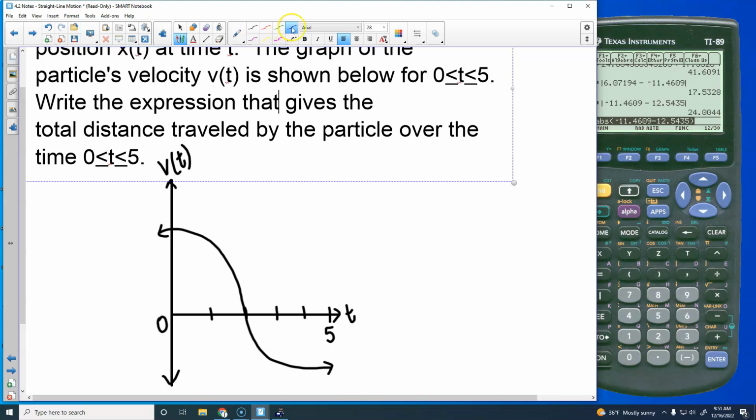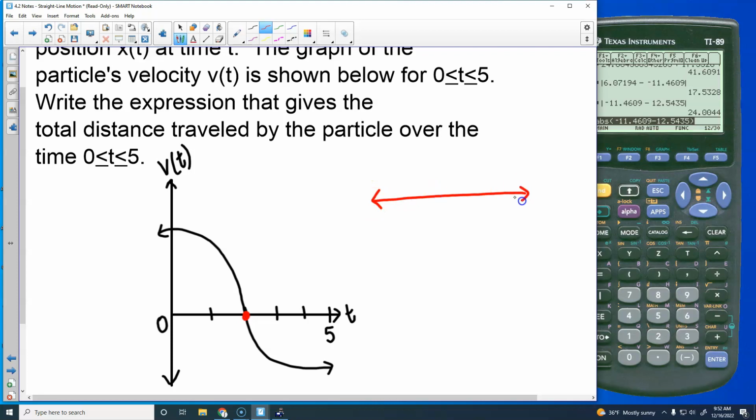So what do we see happening right here with our velocity at 2? It hits 0, and it is switching from positive to negative. So if our v of t at 2 is going from positive to negative, that means that our x of t is going from increasing, which would be going to the right, and then decreasing, which would be left in this case, right?